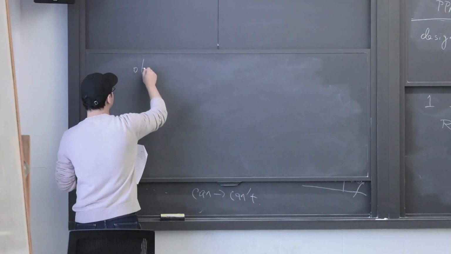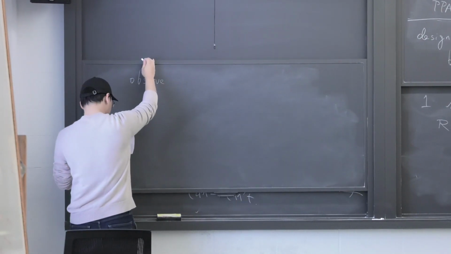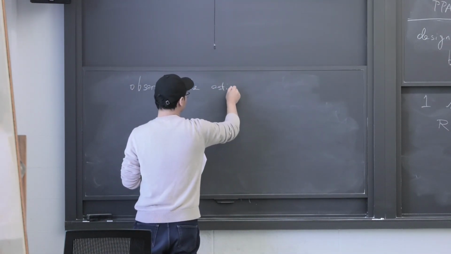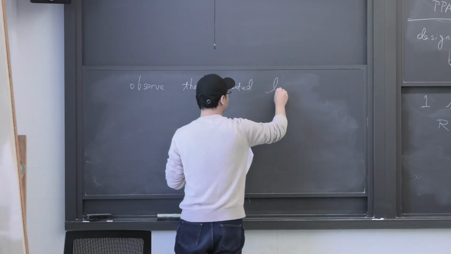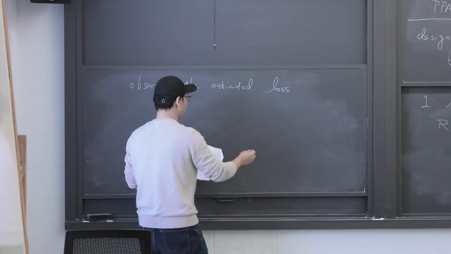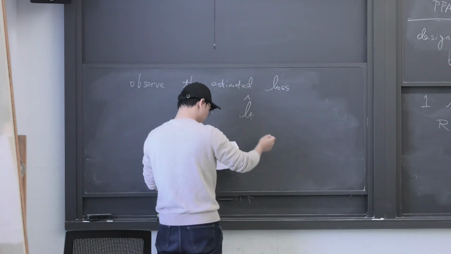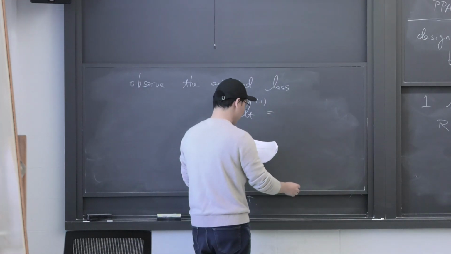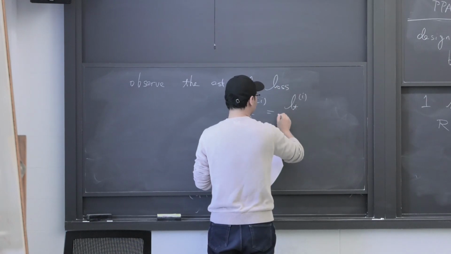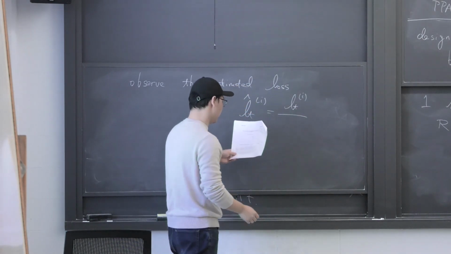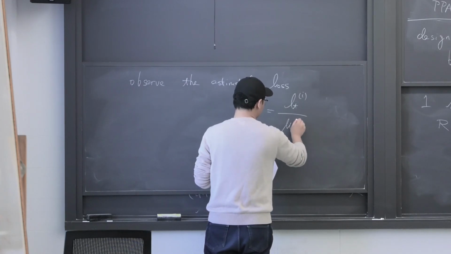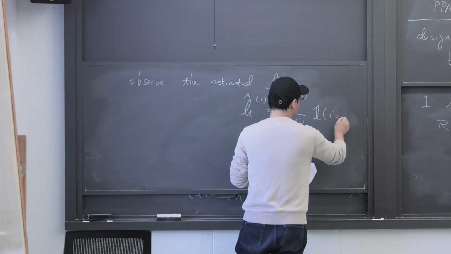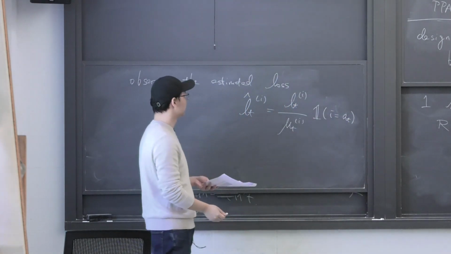And then we will observe the estimated loss, where we use L t hat to estimate the loss, where L t hat for action i is equal to L t i, the true loss we observe, divided by the probability we play it, times the indicator that i is equal to a t.